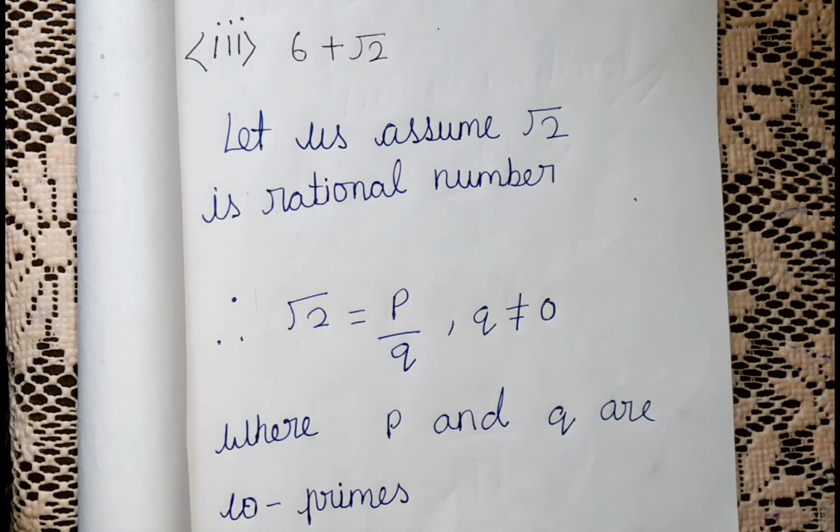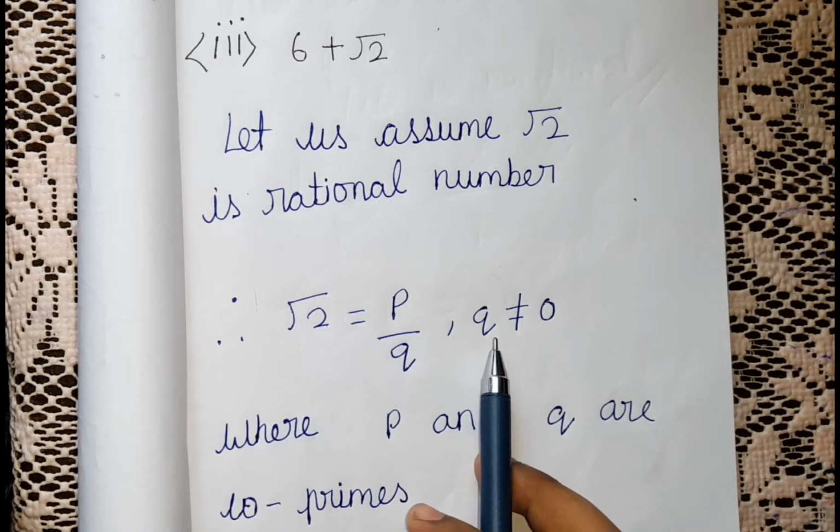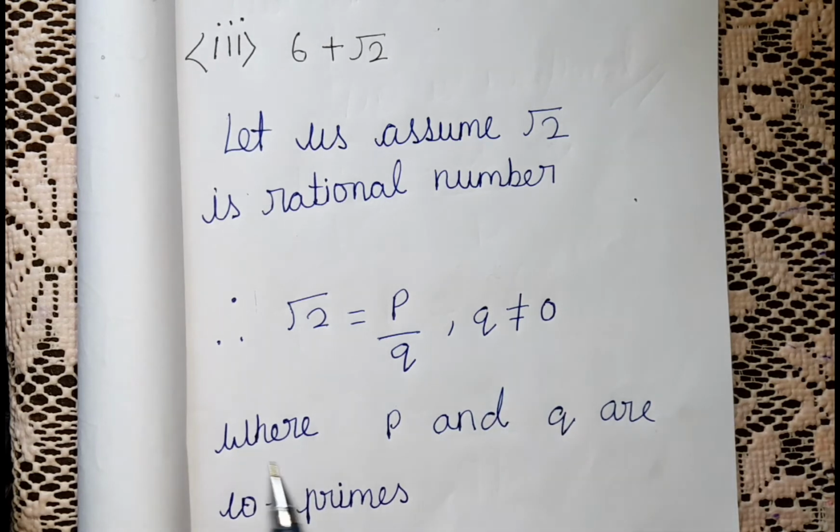Coprimes means if you are not getting a particular HCF for two numbers, then we write 1 as the common HCF. So we take HCF is equal to 1, so that is a coprime. So we took root 2 is equal to p by q, where q is not equal to 0, where p and q are coprimes. Now let us square it.